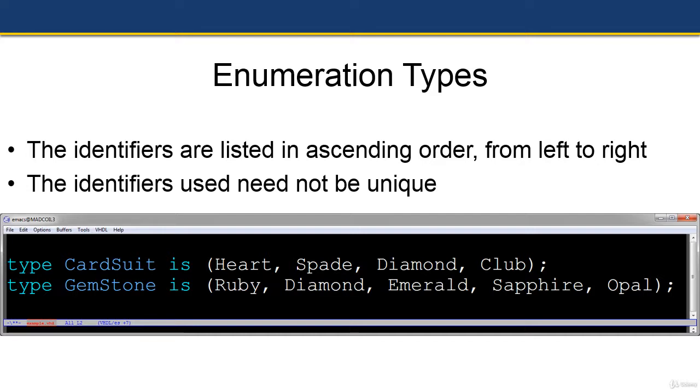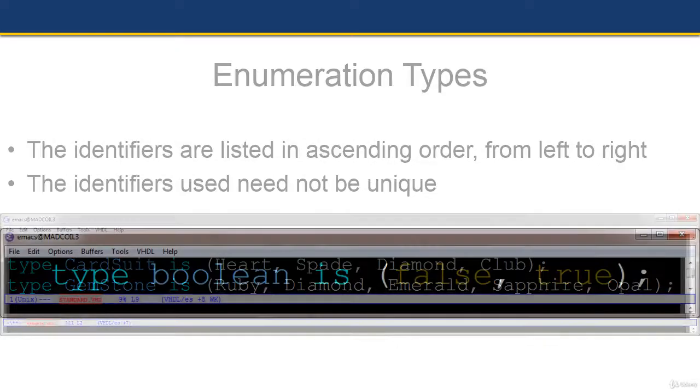The identifier names need not be unique. The identifier diamond occurs in both data types of card suit and gemstone. Which one is used is based upon the context in which it's called out.